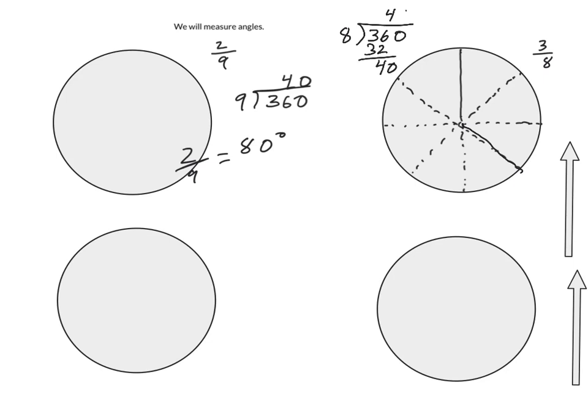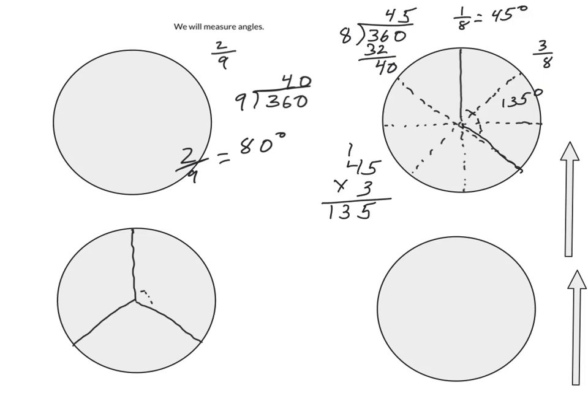Bring down the 0, and we have 45. So 1/8 of the circle equals 45 degrees. So 3/8 would be 45 times 3, which would be 135. So this angle here is 135 degrees.